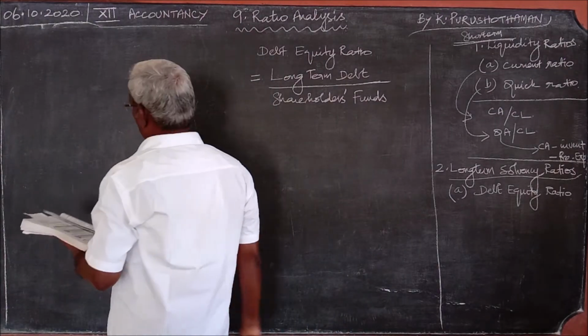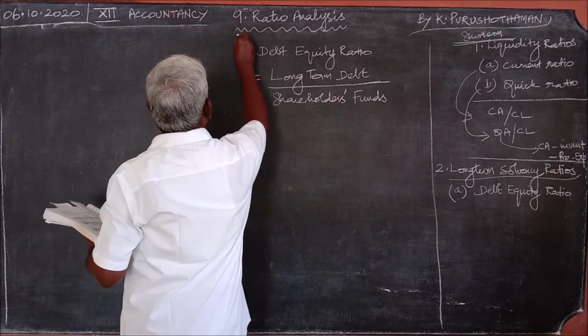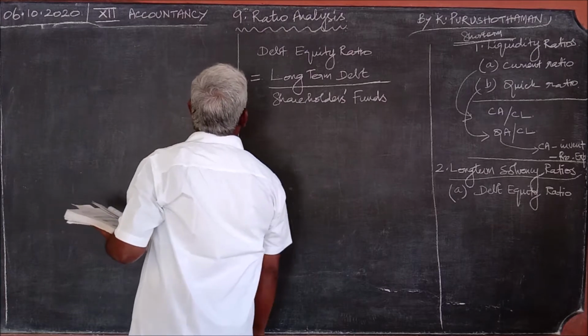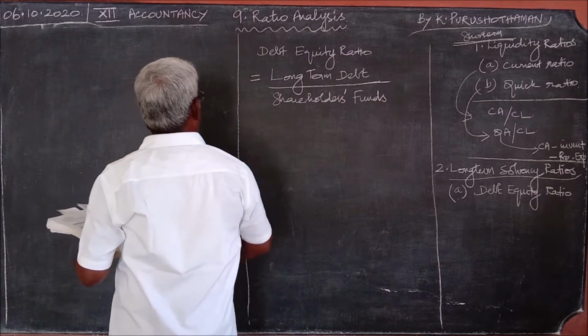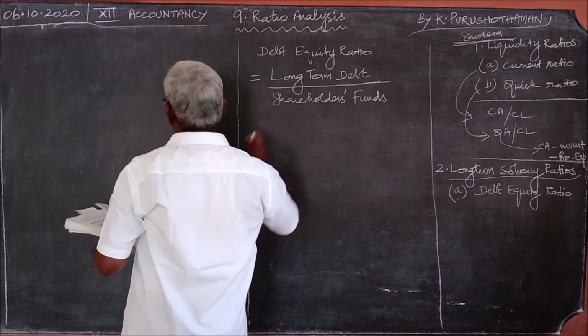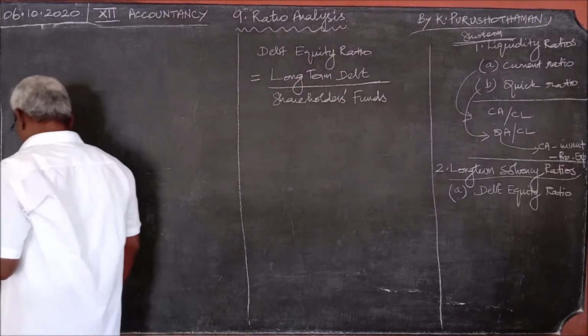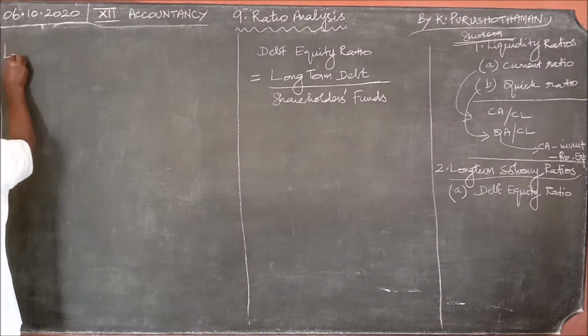This is the formula. So, to obtain the ratio, we need long-term debt and shareholders fund.